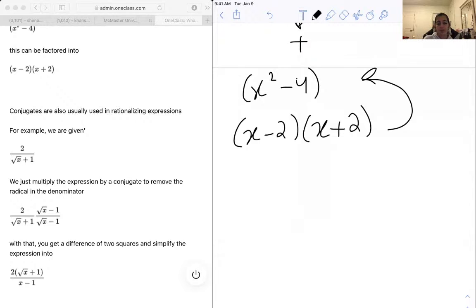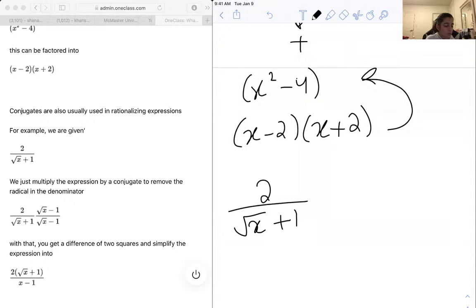Conjugates are also used for rationalizing expressions. So, for example, if you're given a question of 2 over the square root of x minus 1, and you have to rationalize it, because you can't have a square root in your denominator.